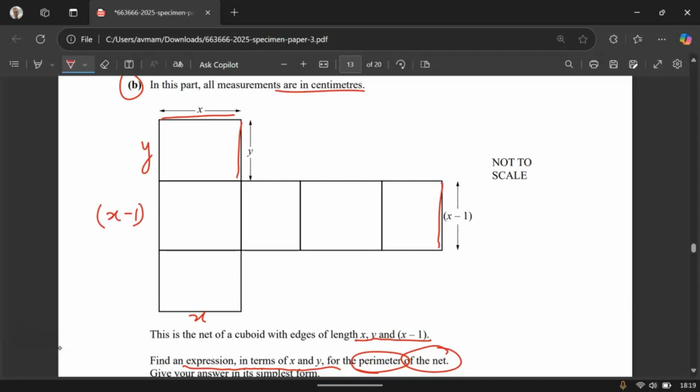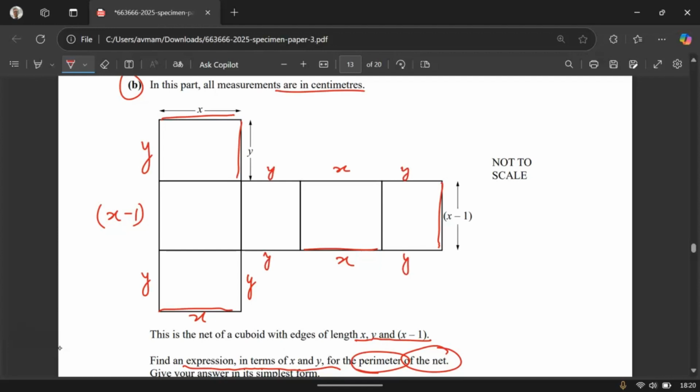And then this is y, so this is also y. And then we have, this is x, because if this is x, so this has to be x, the longer side. And obviously this will be x. And then we have y and y, y and y.